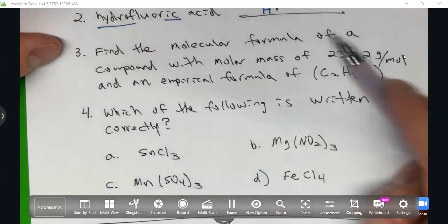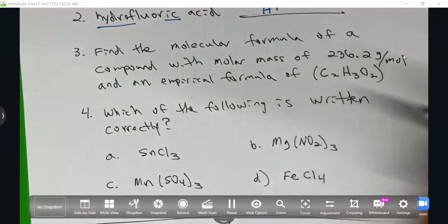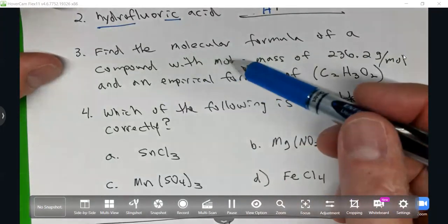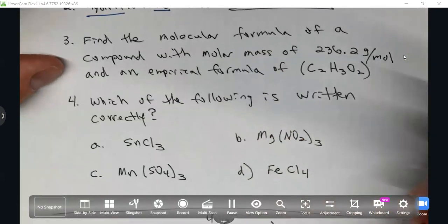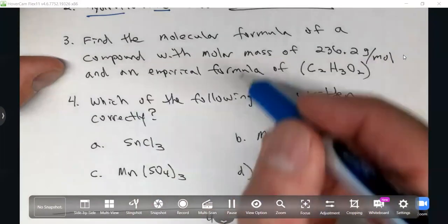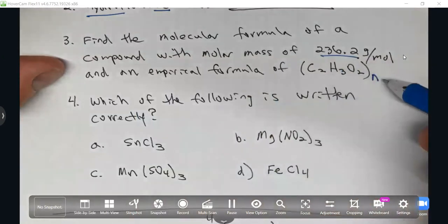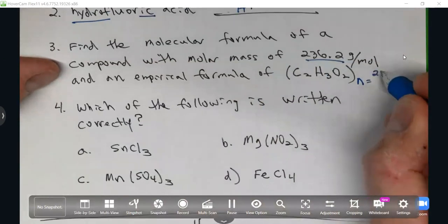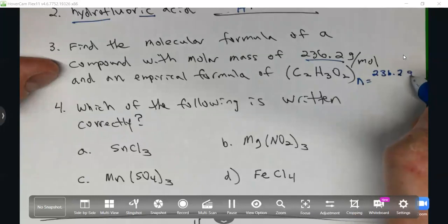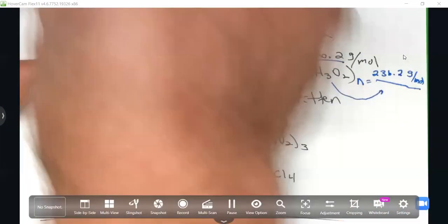Now, this is a question that you shouldn't spend much time on if you have the test. So here's what I'm saying: please, please, please redo quiz questions. Redo some things. So you need the molecular formula. You're given the molar mass, and here's the empirical formula. So you just need to find this multiplier here, which is going to be 236.2 grams per mole divided by the empirical formula mass.